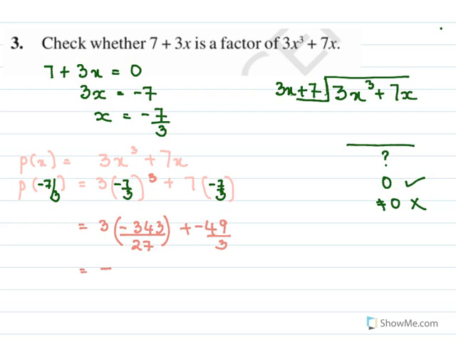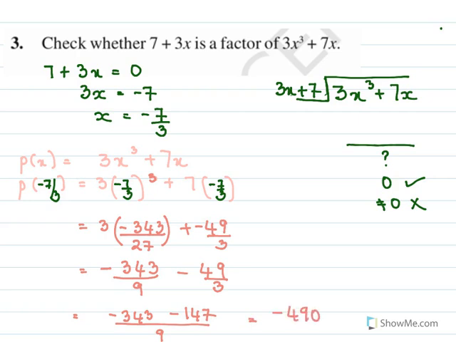So the minus will cancel out, it will come 343 over 9 minus 49 over 3. Here the LCM will be 9. So minus 343 minus 147, and here you get minus 490 over 9.